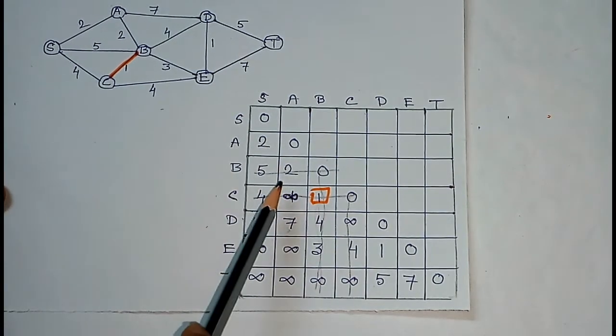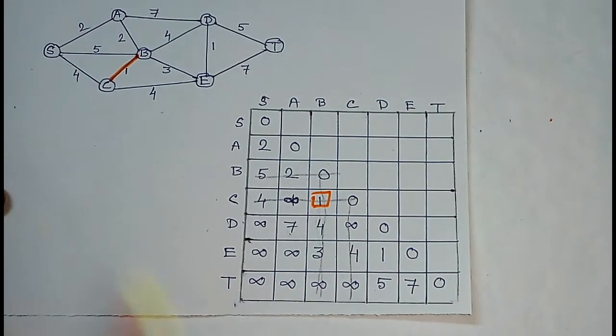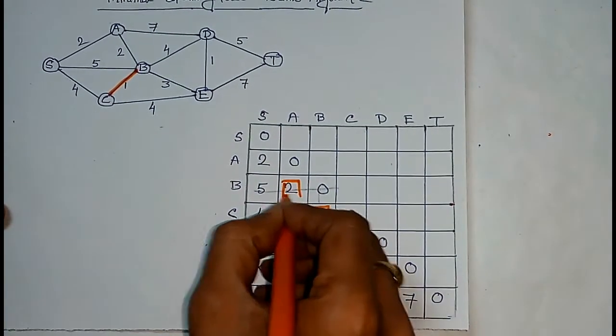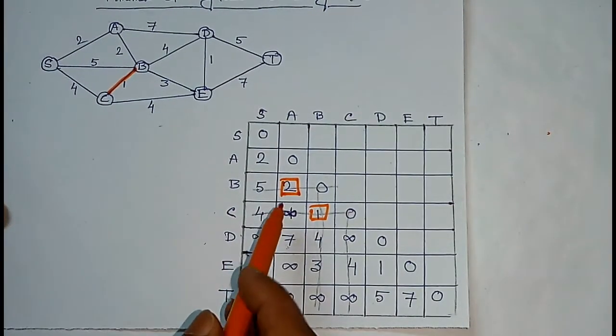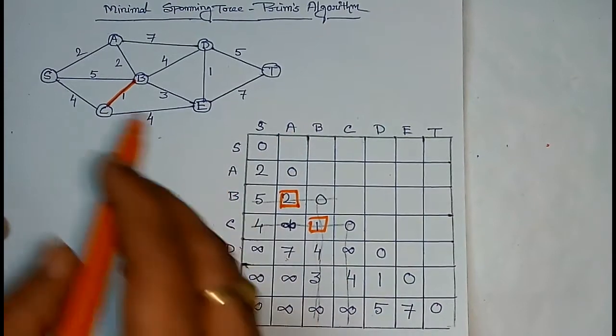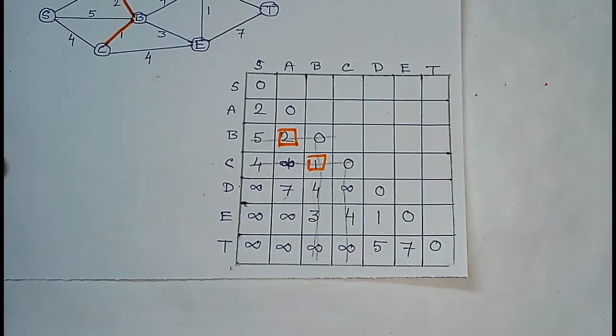That corresponds to the row of B and the column of A. So we select this element 2. That means we have to add an edge between A and B. So here we are adding the edge between A and B.